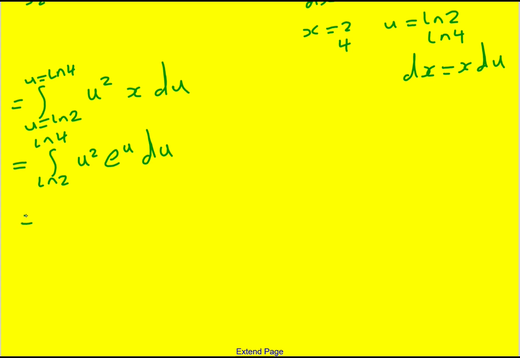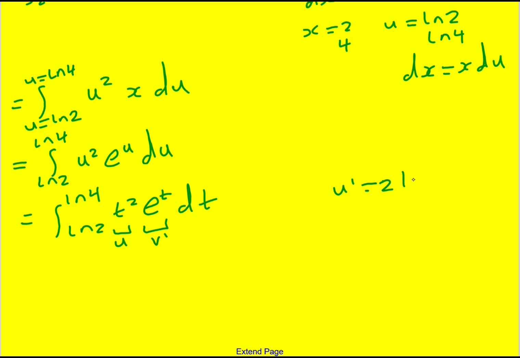I'm just going to momentarily change it. I did a u substitution because that's what we normally do, but then when we integrate by parts, we normally let one of them equal u. It's a little bit confusing, so I can just change it to t, why not? Then that is going to be my u, that is going to be my v dash. u dash is 2t, and v is e to the t.